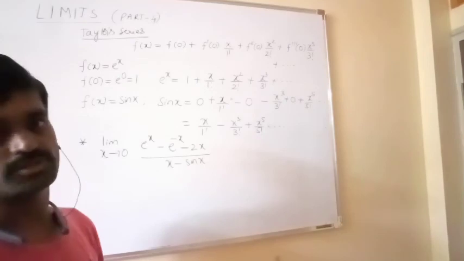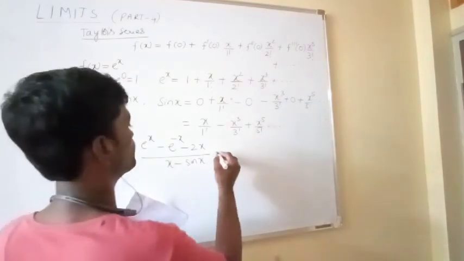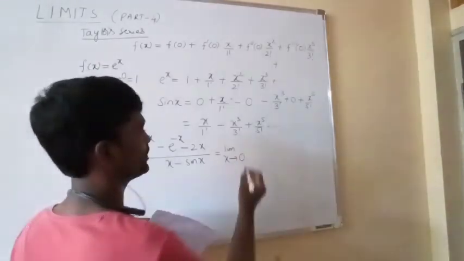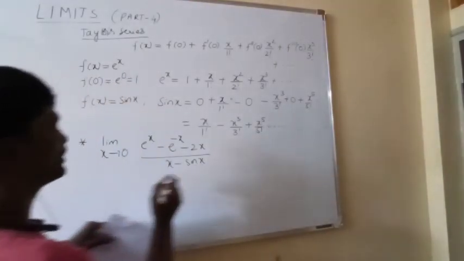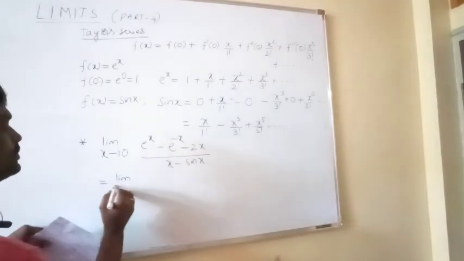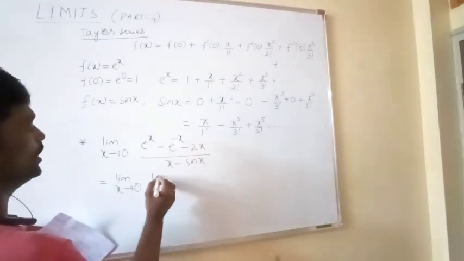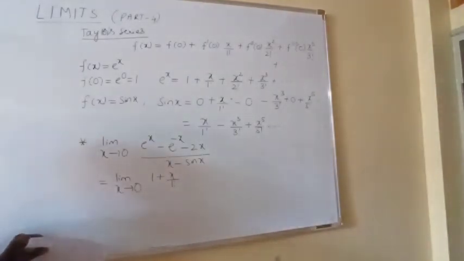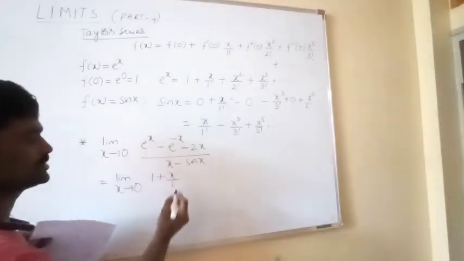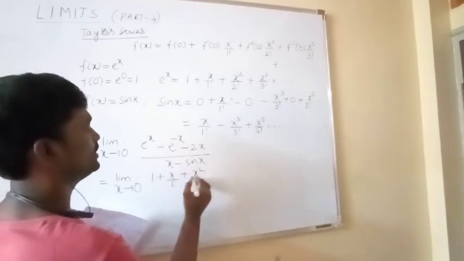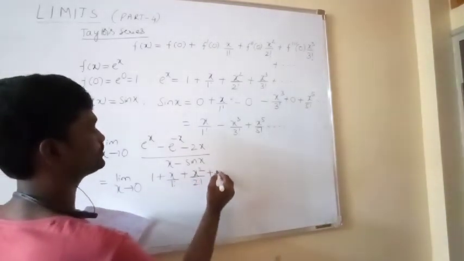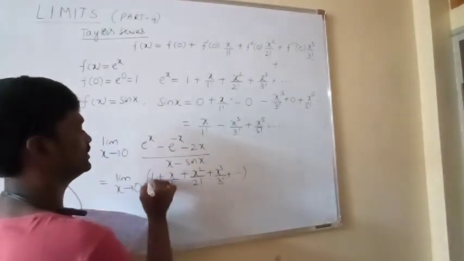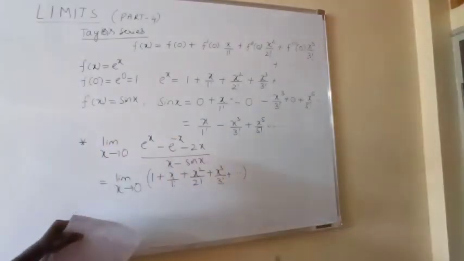Now you can use expansions also. So e power x expansion, what will you get? 1 plus x by 1 factorial. I think it is better to apply L'Hospital's rule instead of using expansions, but I am explaining using expansions because we are discussing this problem in the expansion case.